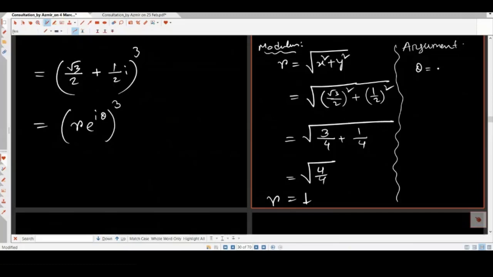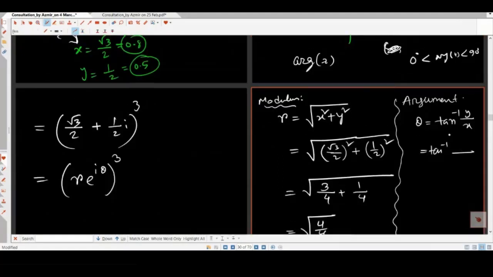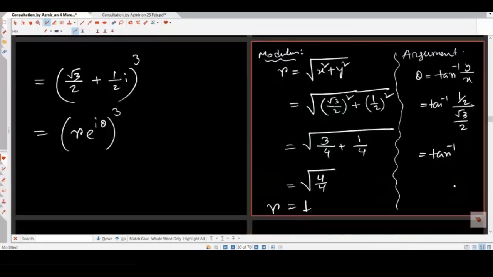We know the argument theta is equal to tan inverse y over x. So tan inverse of y, which is 1 over 2, and x is root 3 over 2. Finally, the simplified form will be tan inverse 1 over root 3. Tan inverse 1 over root 3 is equal to 30 degrees.